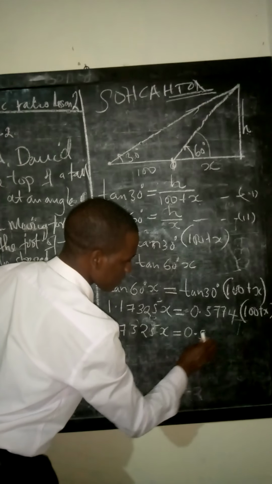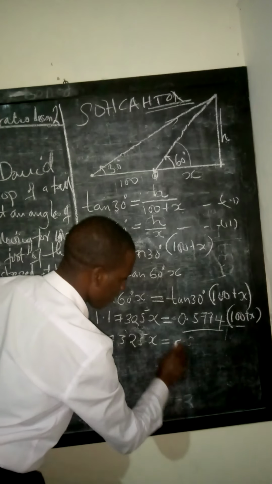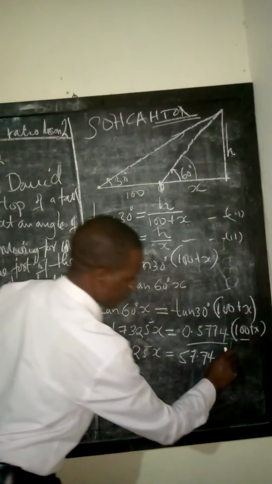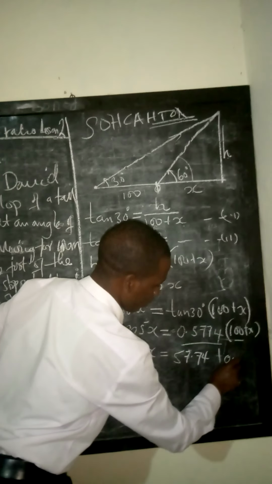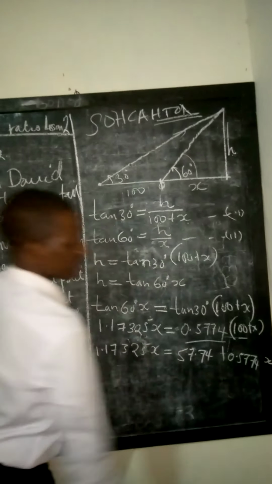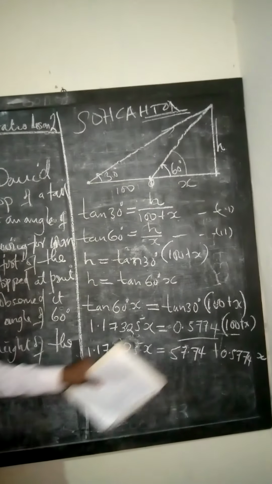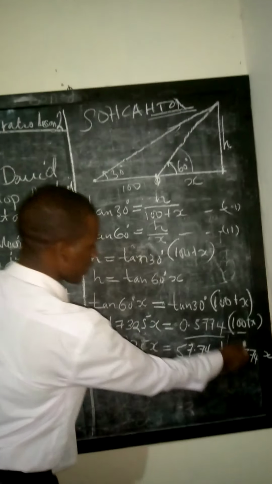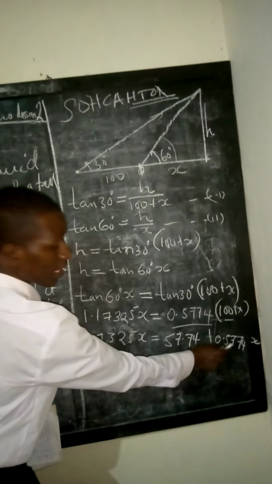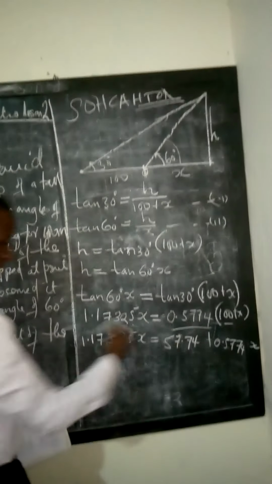Sorry, if you multiply this one by 100, you get 57.74 plus 0.5774x. Therefore, we group the like terms, we take the term 0.5774x to the other side.